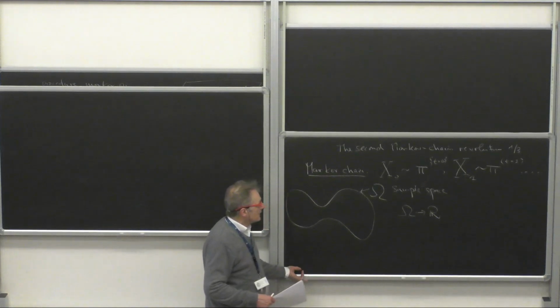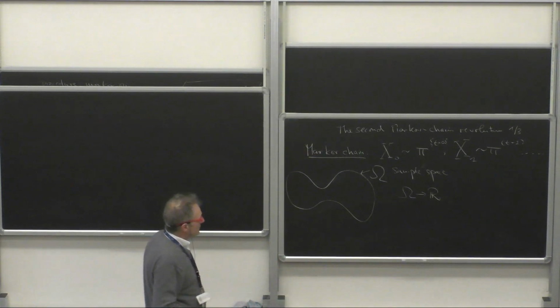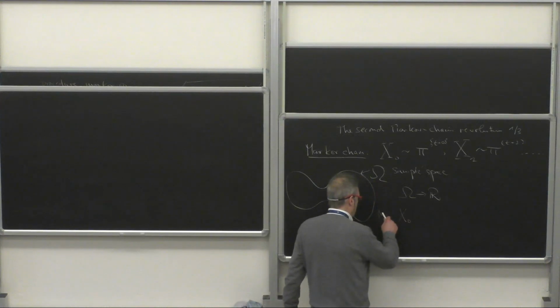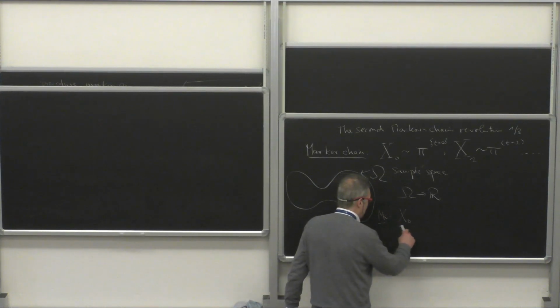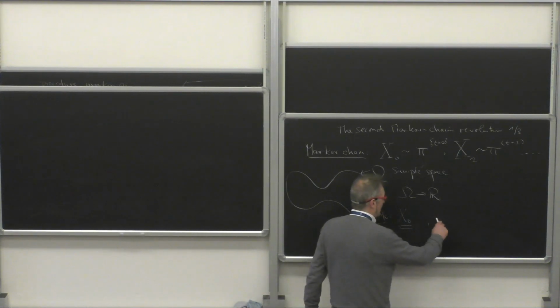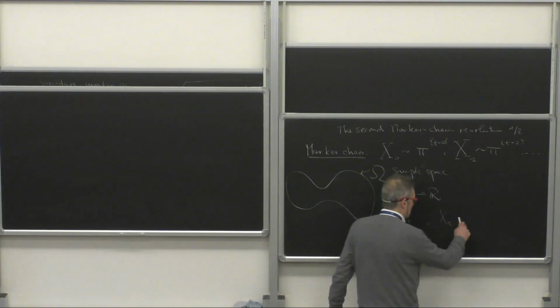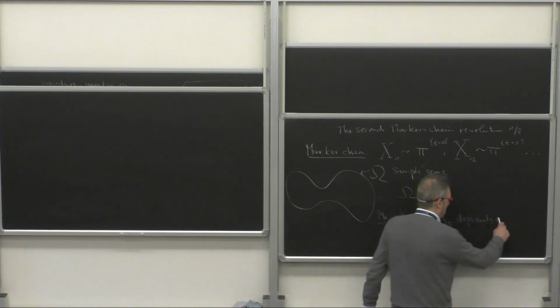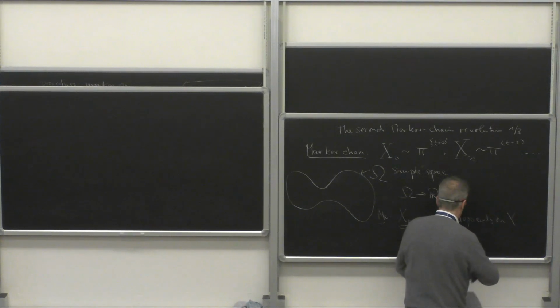The Markov chain is defined by the distribution of x0, and by the fact that xt depends only on x t minus 1.